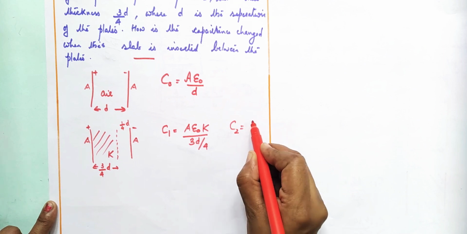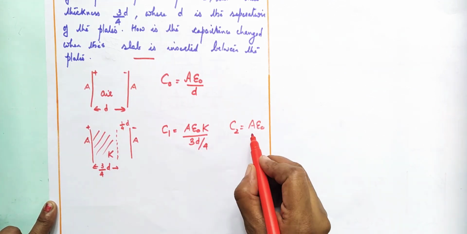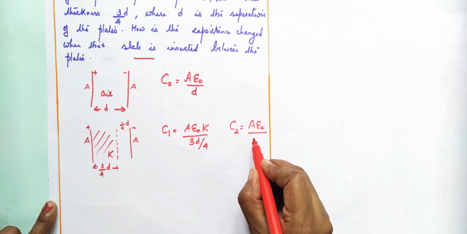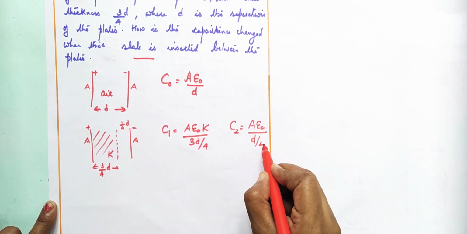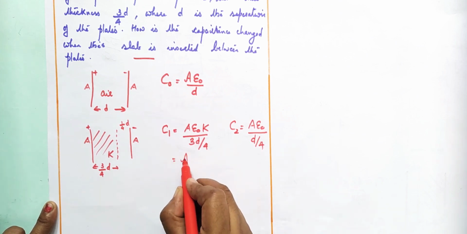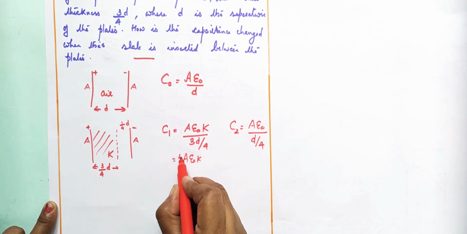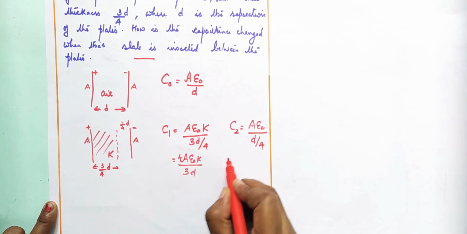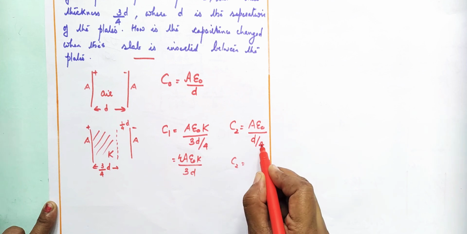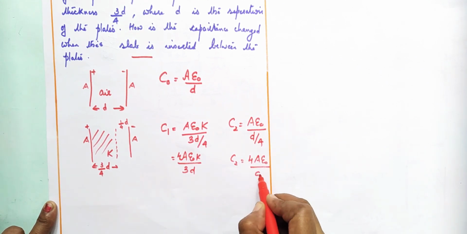C2 equals A epsilon 0, because it is filled with air only. A epsilon 0 divided by, what is its thickness? D divided by 4. So this can be rearranged as A epsilon 0 K, this 4 comes to the numerator, no? 4 divided by 3D. Here C2 is equal to, here also 4 comes to the numerator, 4A epsilon 0 divided by D.